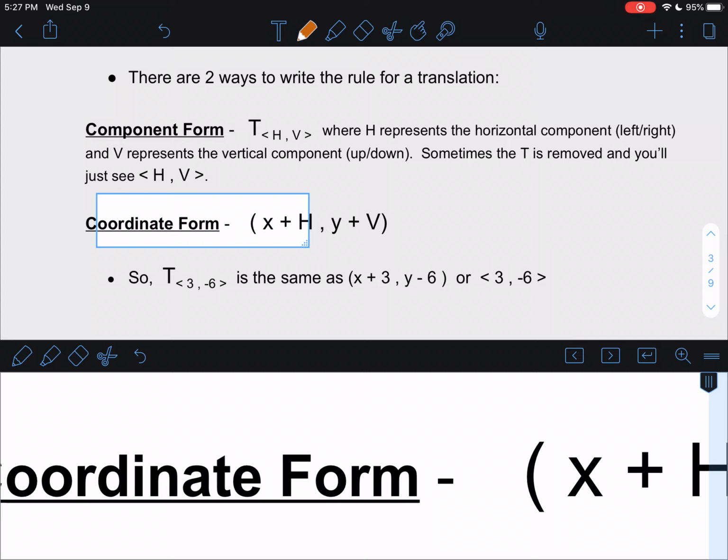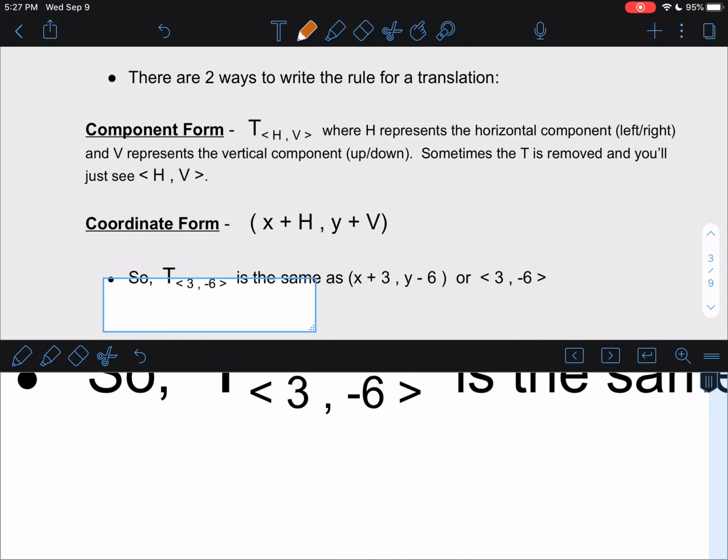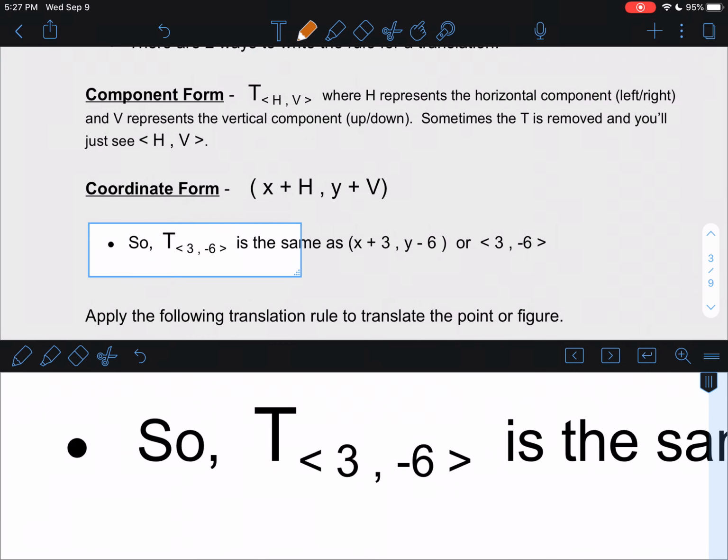Since I prefer coordinate form, and I'm your teacher, you will most likely be seeing the coordinate form a little bit more often in this class. So if you see this T, and then it has the 3, -6, that means you shifted 3 to the right and down 6.